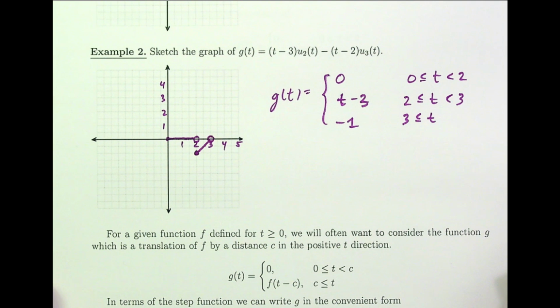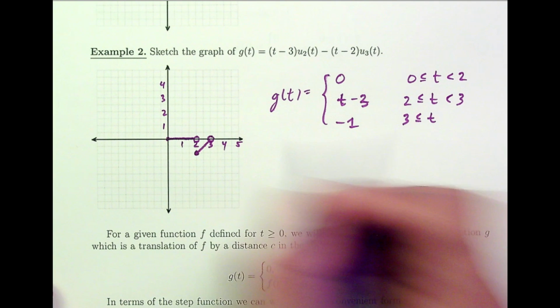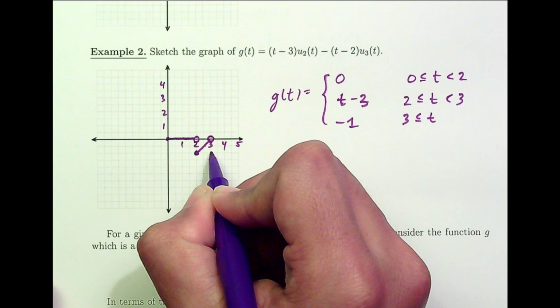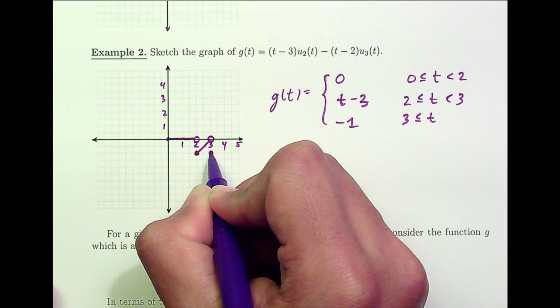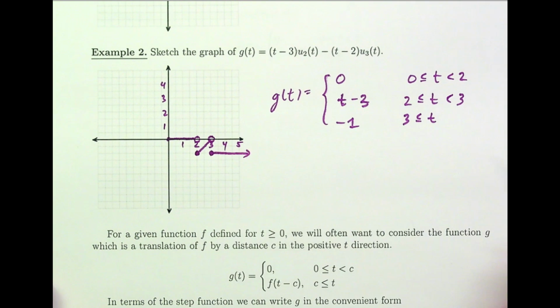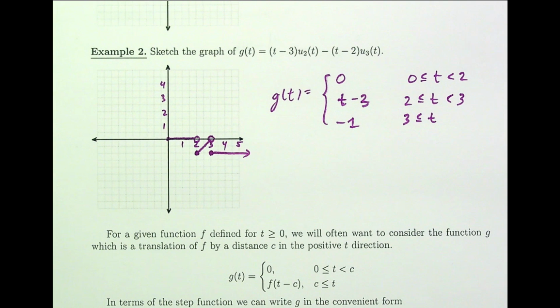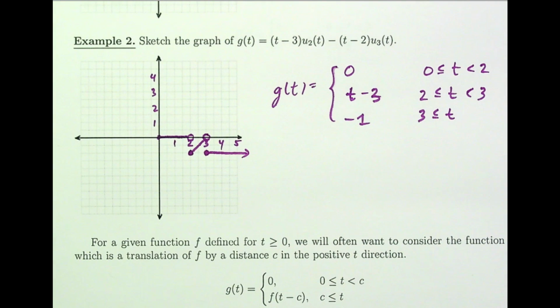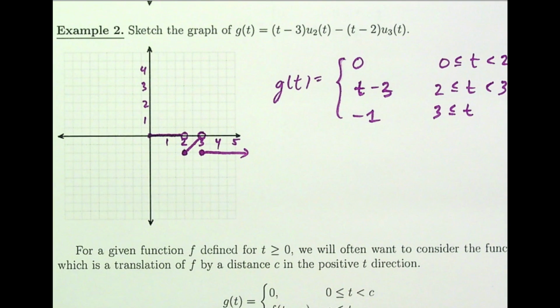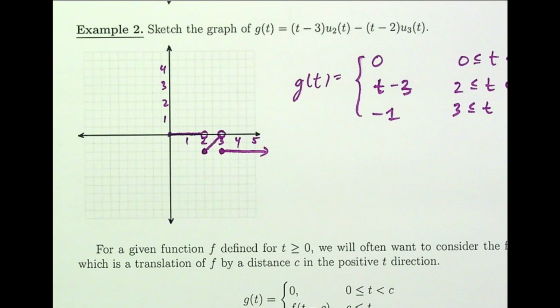And lastly, for t bigger than or equal to 3, you get negative 1. So now negative 1 is that, and that goes like that. And that is the graph of g.